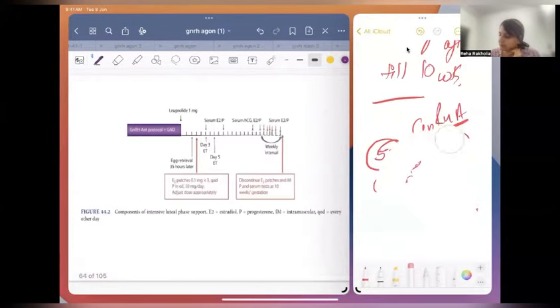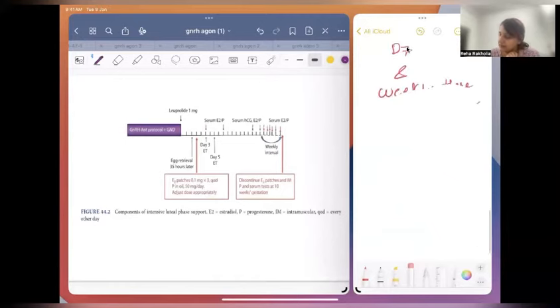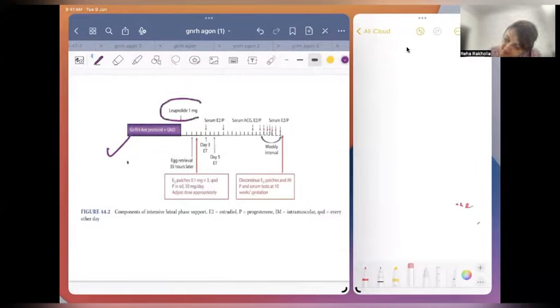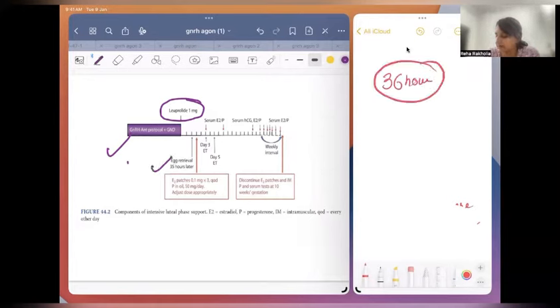Then here it is shown in the diagram what they did. They gave a GnRH antagonist protocol, then gave a GnRH agonist as a trigger, leuprolide 1 milligram, and after 36 hours they did oocyte retrieval. One day after that, they added progesterone and estradiol, as I have already told you.